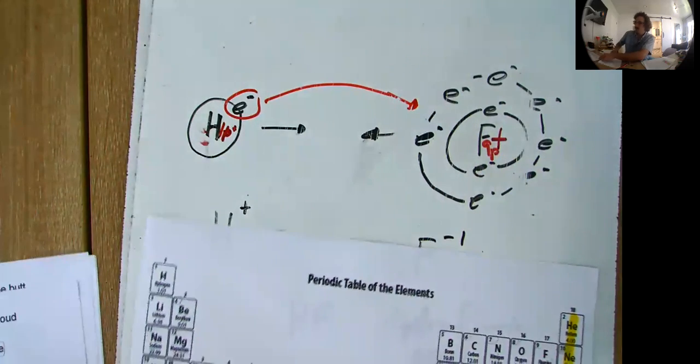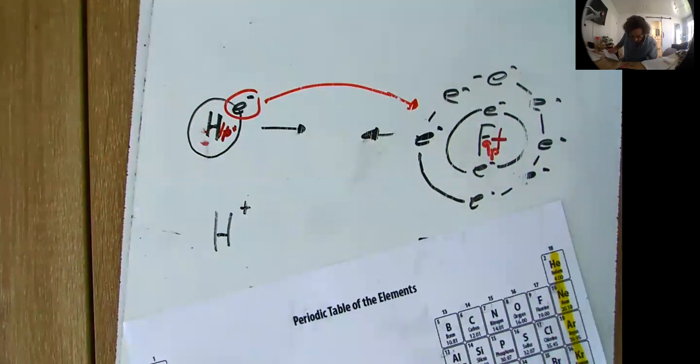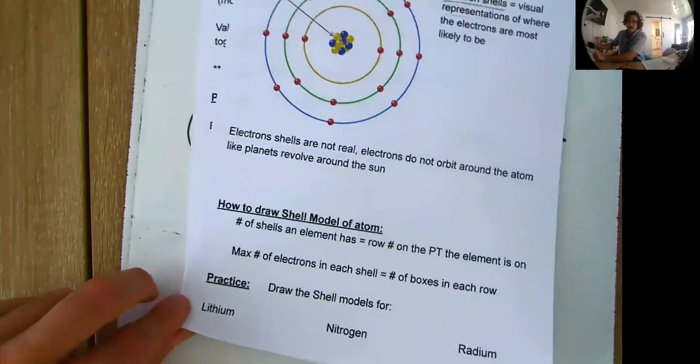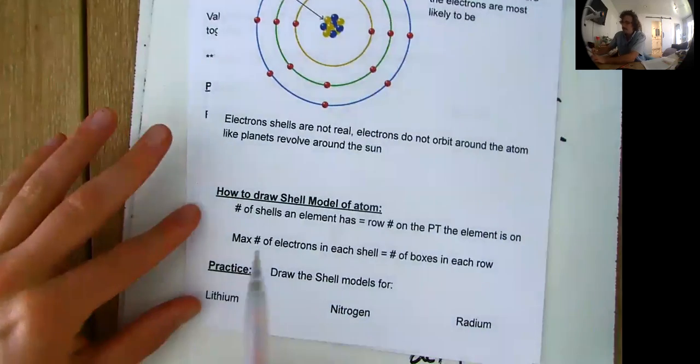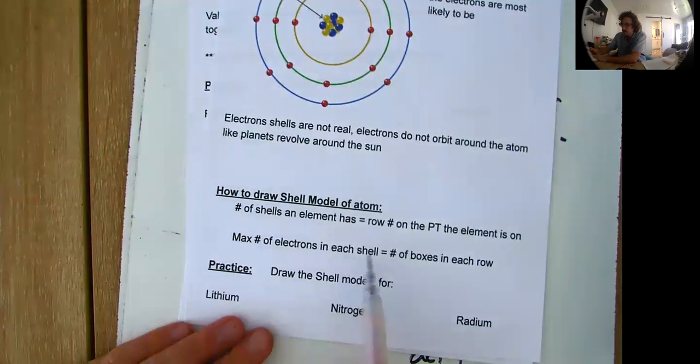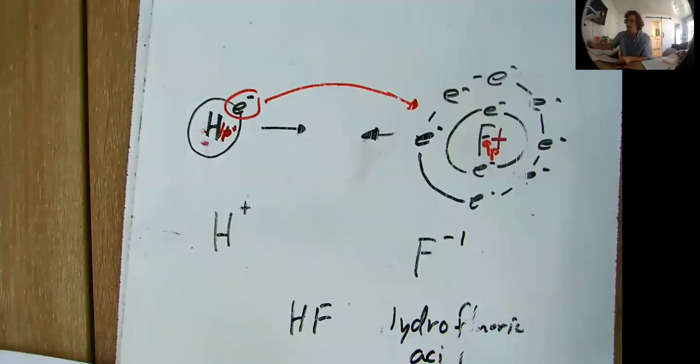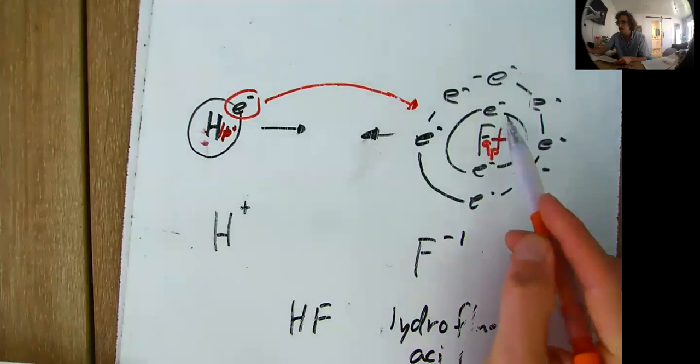Okay, so going back to the notes, oops, dropping the pencil. Going back to the notes, it says that the max number of electrons in each shell equals the number of boxes in each row. So for example, with fluorine that we drew earlier, remember we drew the first shell with only 2 electrons?